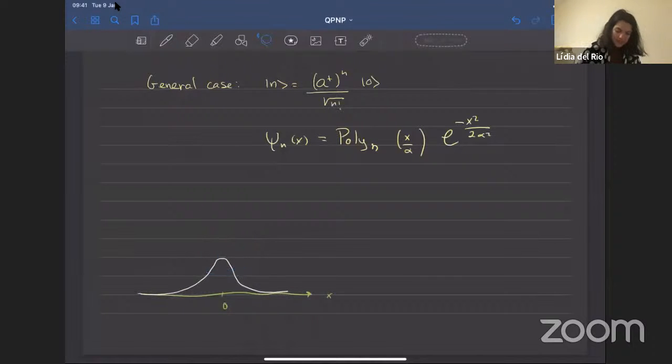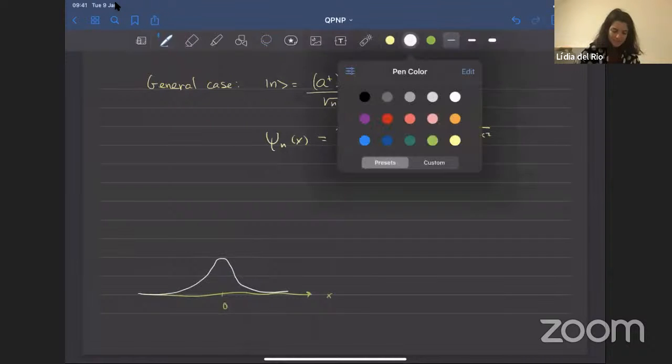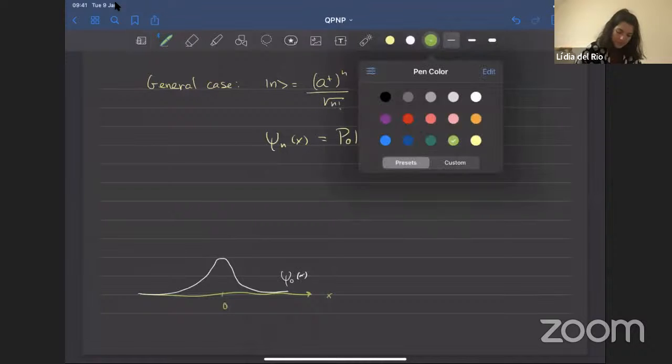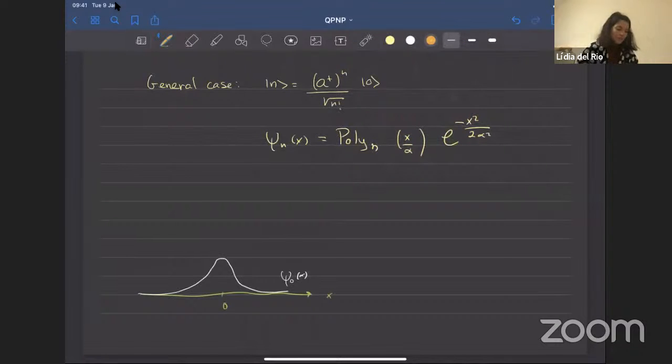And it's an even state. The second one is essentially the same, but multiplied by, so this is psi 0 of x. And I'll just draw it a bit further up. Different color. It's going to be the same, but multiplied by x. So if this is 0 here, it's going to be roughly.